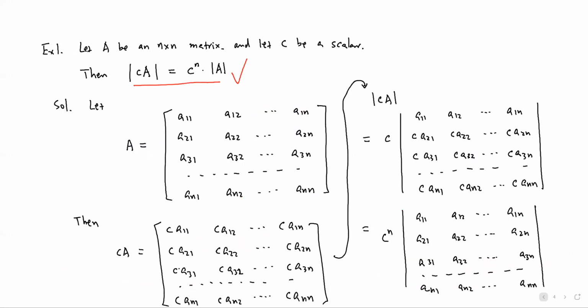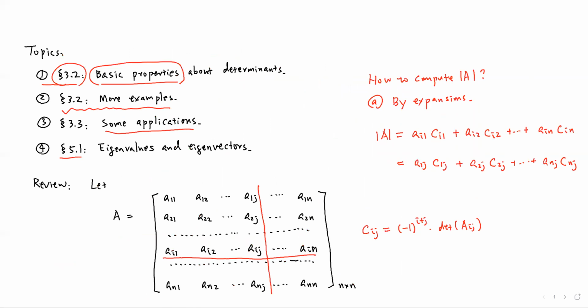What is topic 3 today? Oh, determinants have some applications. Now let me show you 2 applications. This is section 3.3. Some applications about determinant. Topic 3.